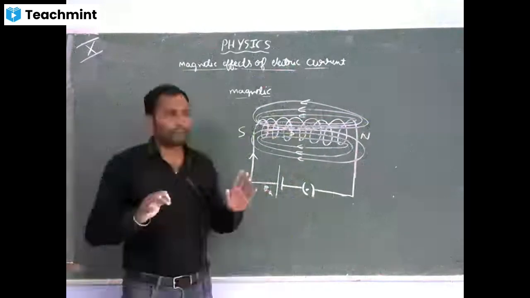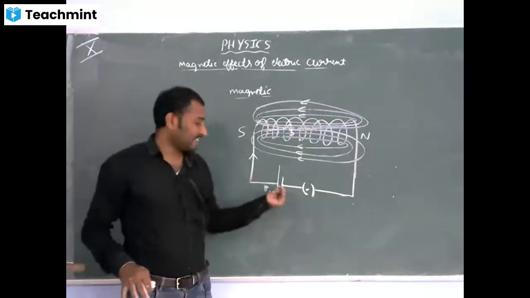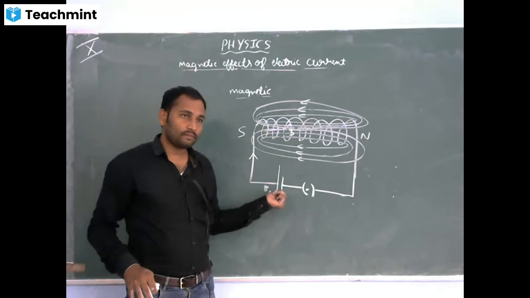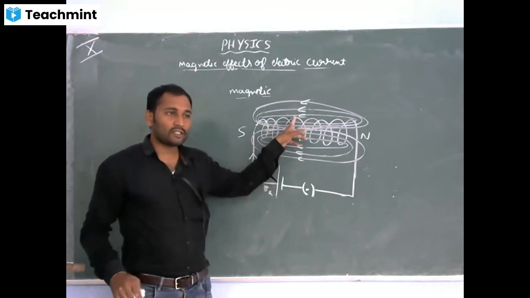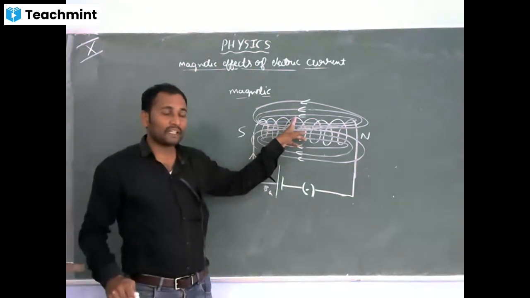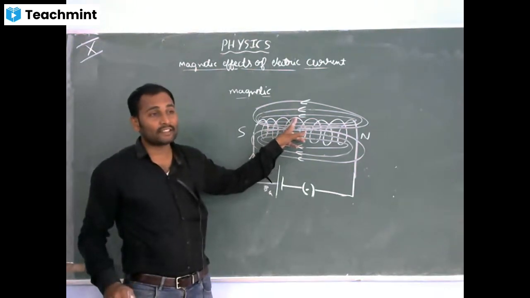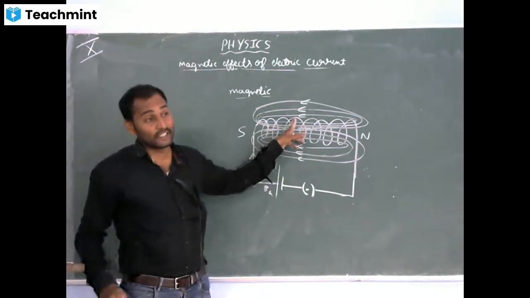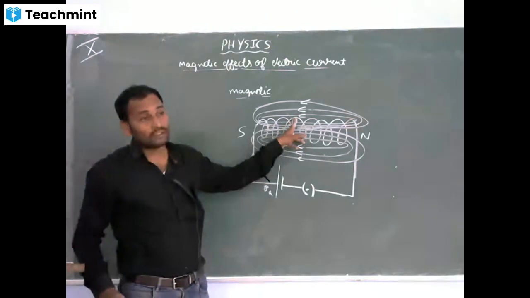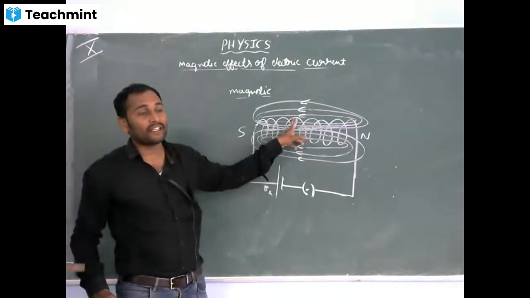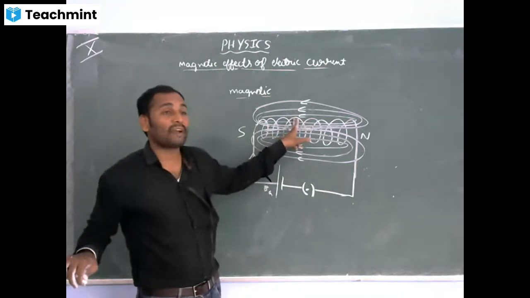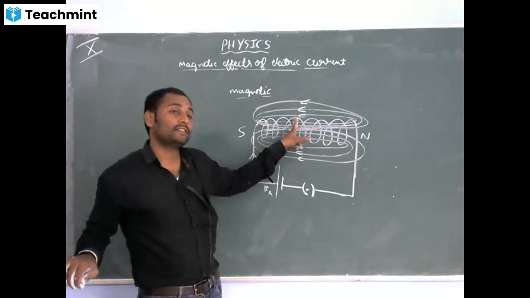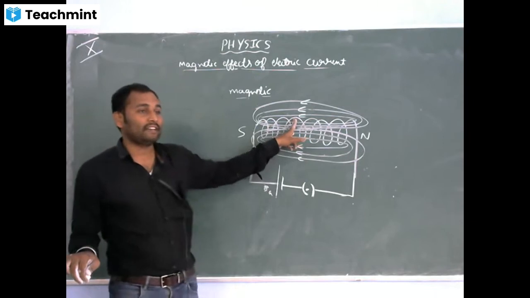Clear? So now if I increase the current, what happens? The magnetic field strength will also increase because the magnetic field lines will increase. We know the property of magnetic field lines: the degree of closeness of the lines indicates the strength of the magnetic field.